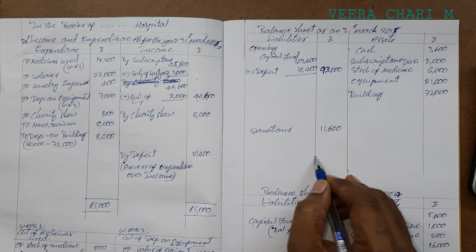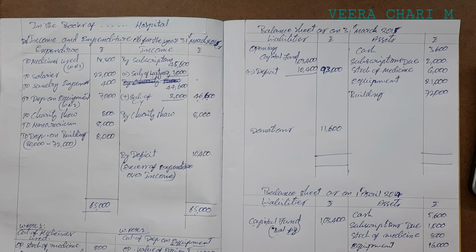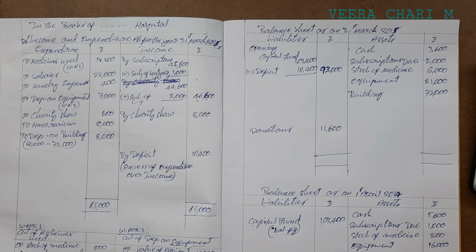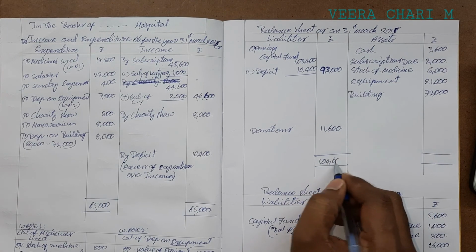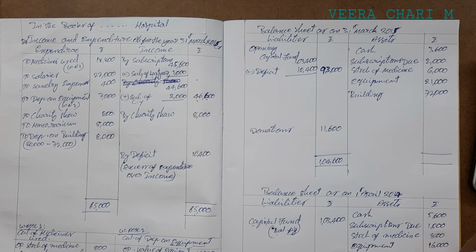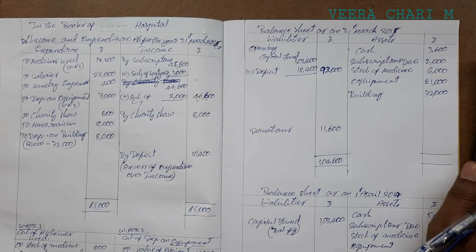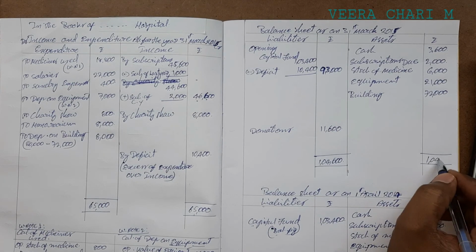Now you can total the balance sheet. If it is equal, then it is correct. 93,000 plus 11,600 is equal to 1,04,600 on the liability side. On the asset side, 3,600 plus 2,000 plus 6,000 plus 21,000 plus 72,000 is equal to 1,04,600.